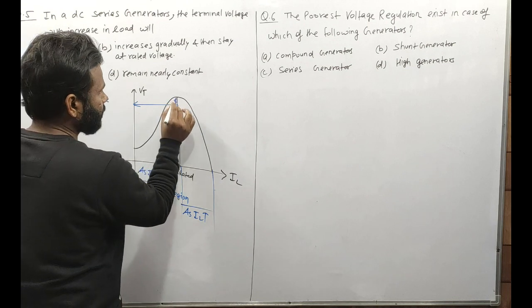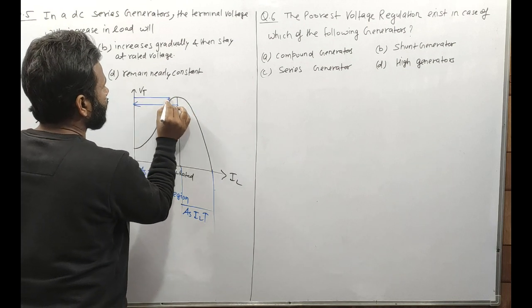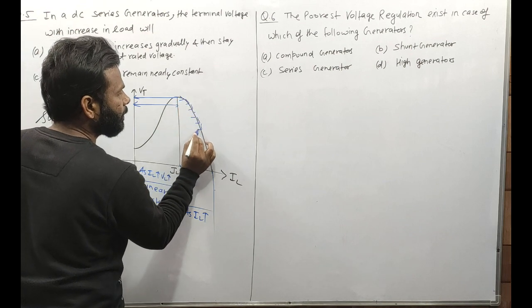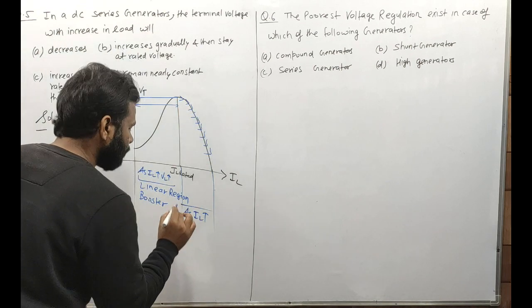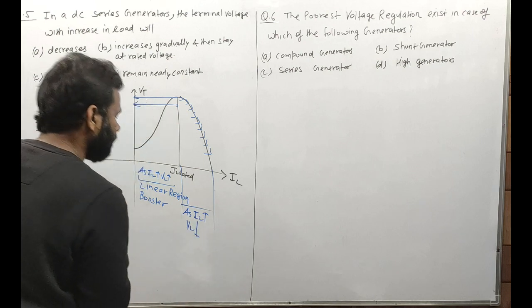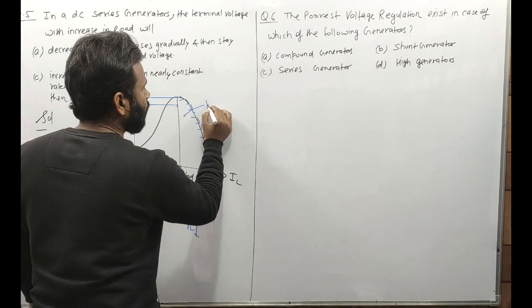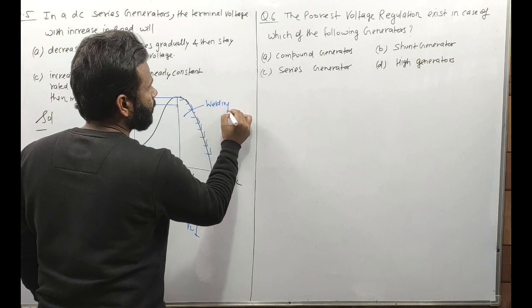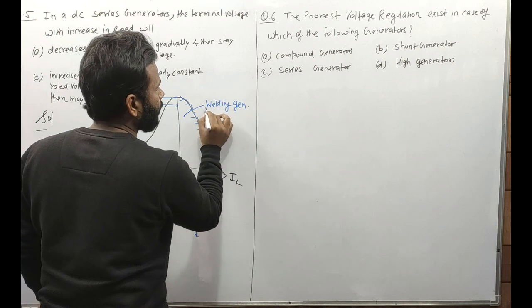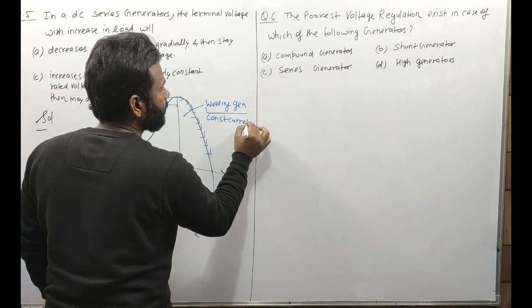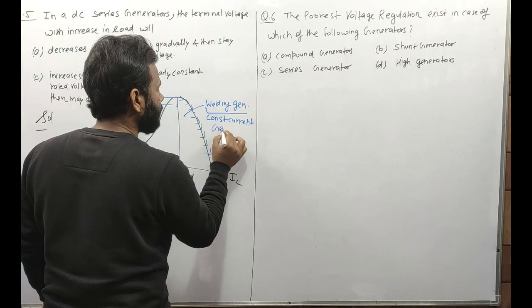First it's going to the maximum point, then after that the voltage is decreasing. Clear? And this region works as a welding generator or constant current generator. ठीक है यहाँ तक.